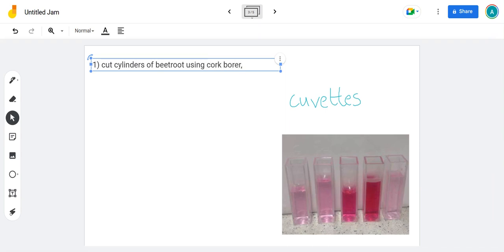Make sure they're all the same size. You might do, for example, 20 millimeters long. They all need to be cut with the same cork borer, and they all need to be measured to be 20 millimeters long so that they've got the same surface area.